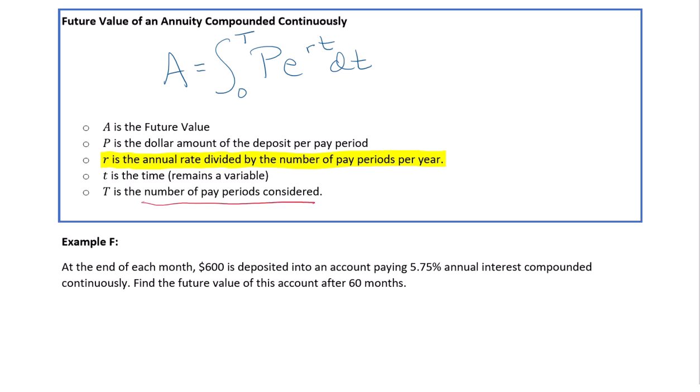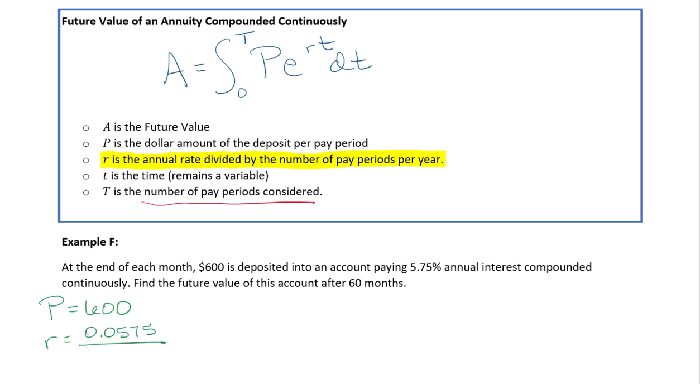So looking at example F, at the end of each month, $600 is deposited into an account. So that is our P, $600. It's like a principal, right? But it's deposited every month into an account. Now the account is paying 5.75%.